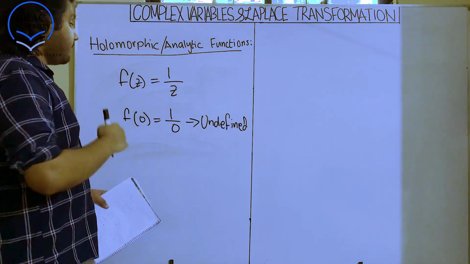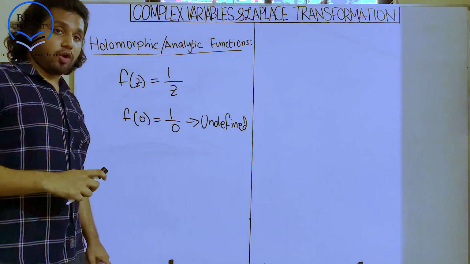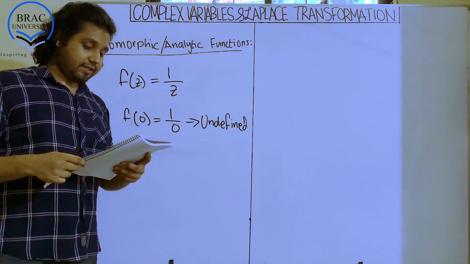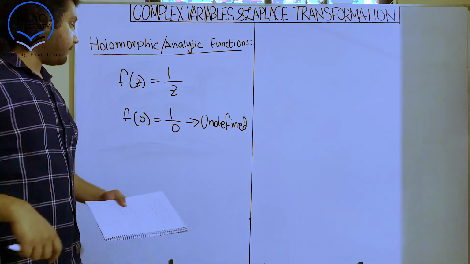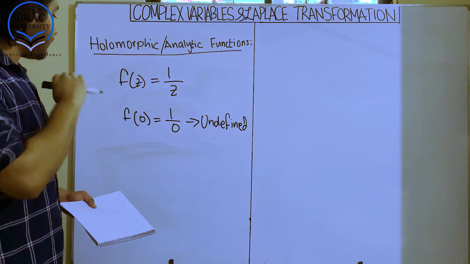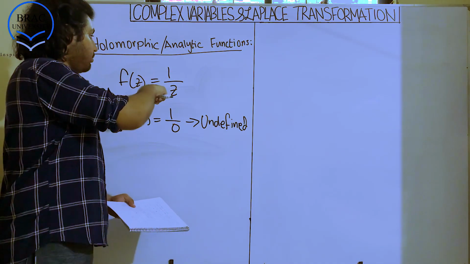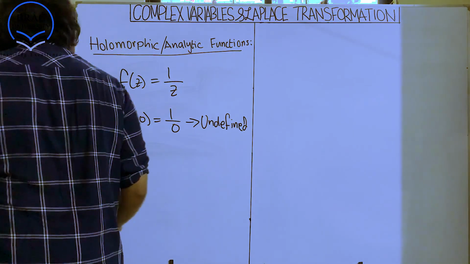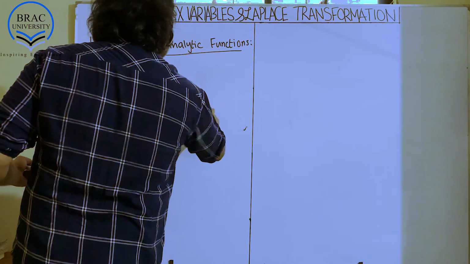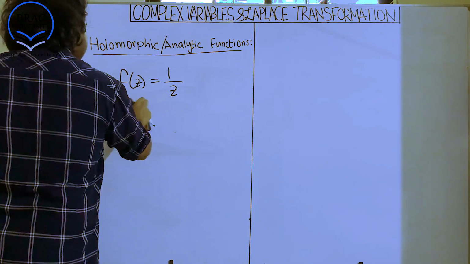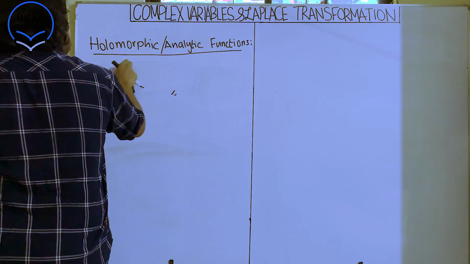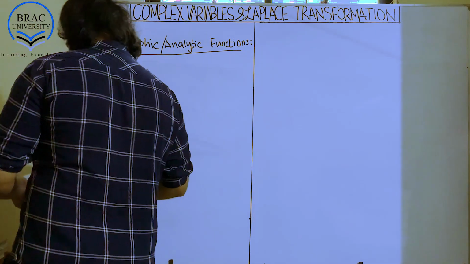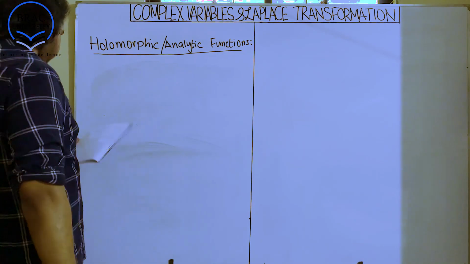Now, this z equals 0 point is what we call a singular point, or a singularity of f, which is basically what causes a breakdown of analyticity. We shall see further implications of singularities in future videos and chapters.